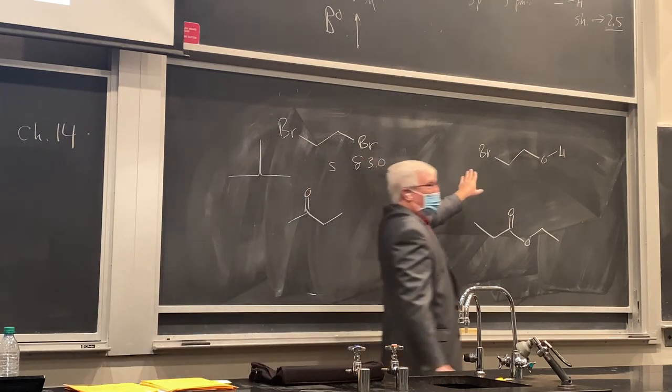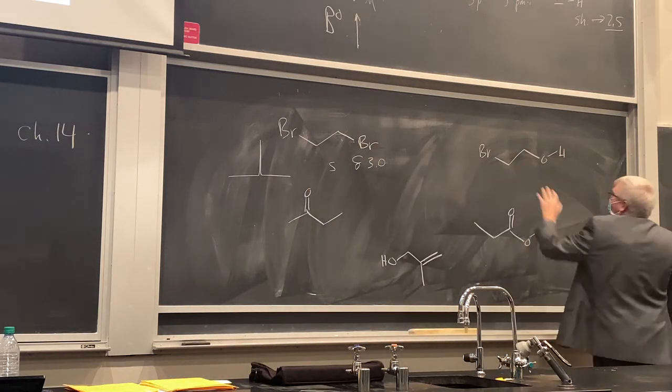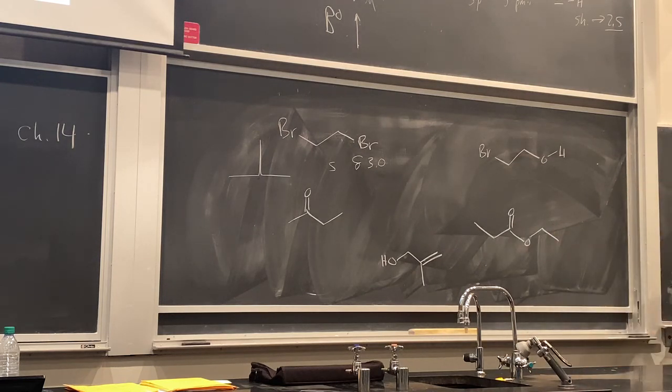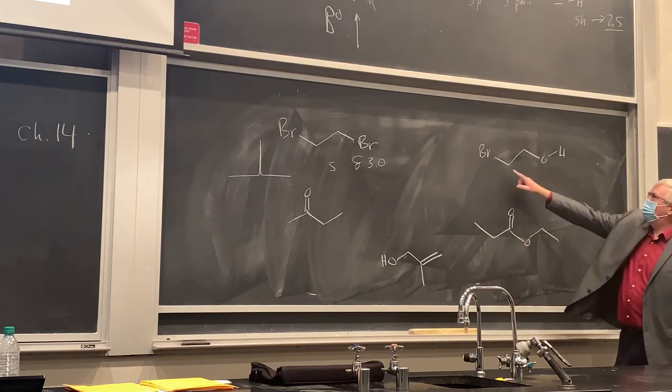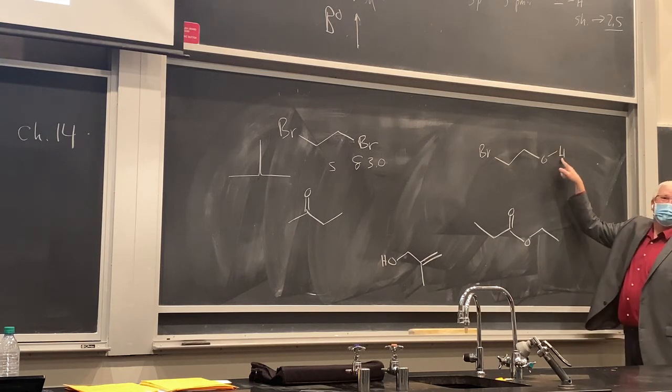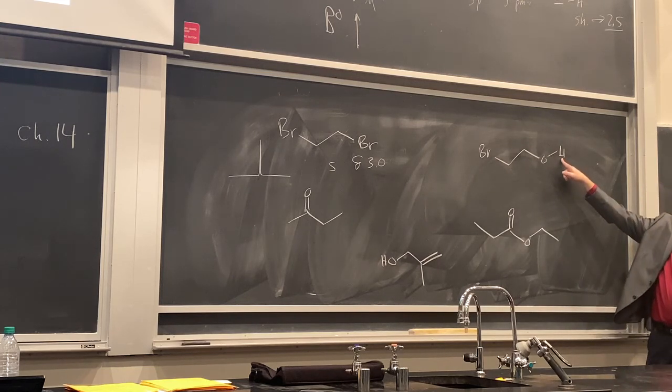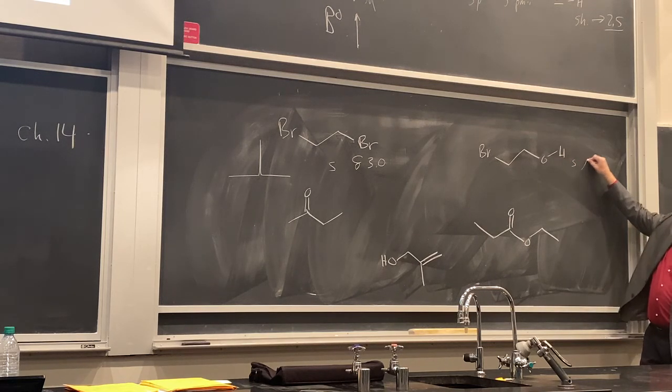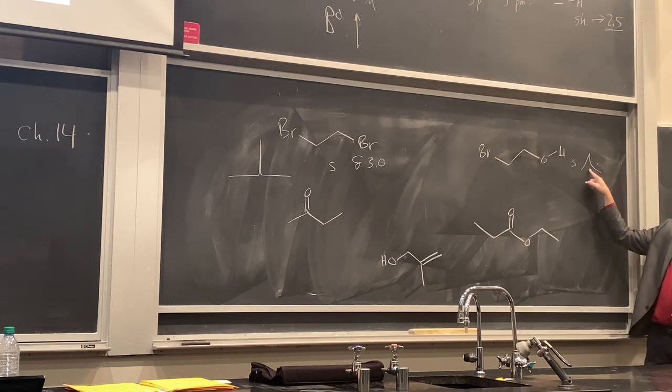How about this one, though? How many non-equivalent sets here? Bromoethanol. Anybody? How many sets? 2. Okay. These 2 certainly, but don't forget about that. Is that a different hydrogen? Yeah. So how many total? 3 here. This one can be variable, and it'll be a singlet, and it'll be kind of broad and blobby.